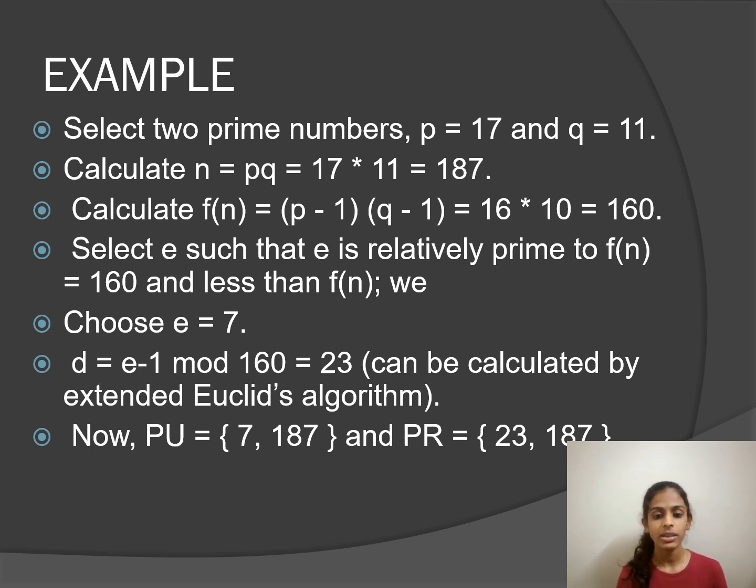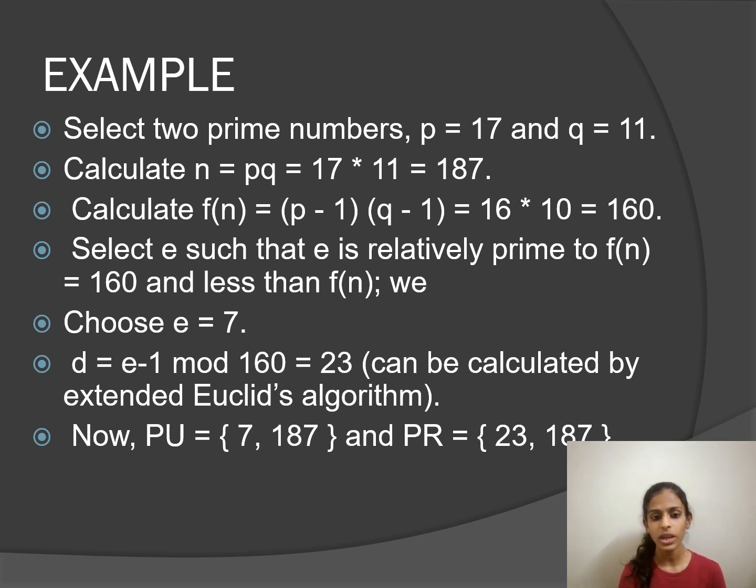Now the next step is to select e such that e is relatively prime to phi of n, that is 160, and less than phi of n. We choose e is equal to 7 because it should be relatively prime to phi of n. The next step is finding the d. So d is equal to e inverse mod 160, that is equal to 23. That can also be calculated using the Euclid's algorithm.